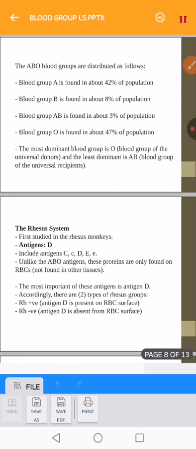The most important of these antigens is antigen D. Accordingly, we have 2 types of rhesus, either rhesus positive or rhesus negative. When we say someone has a blood group of B positive or B negative, it's the ABO and rhesus system. B is the ABO, and negative and positive is the rhesus system.